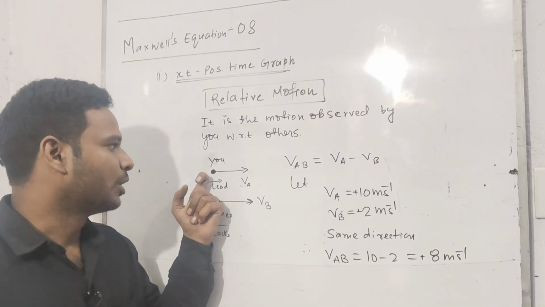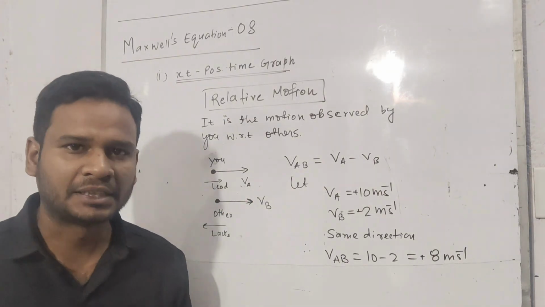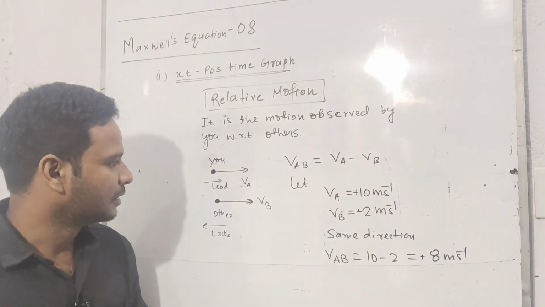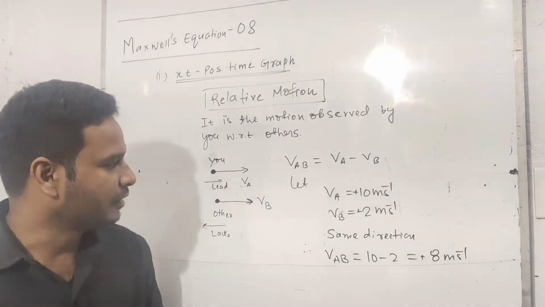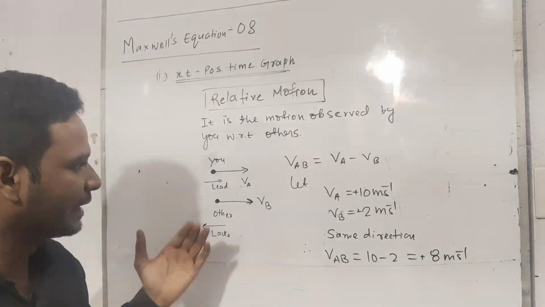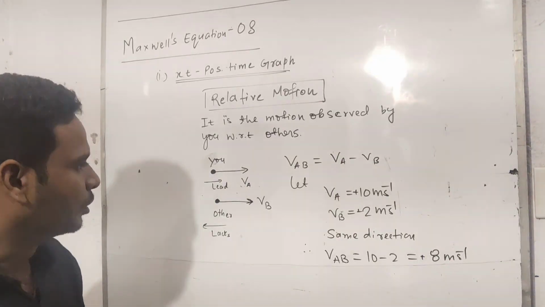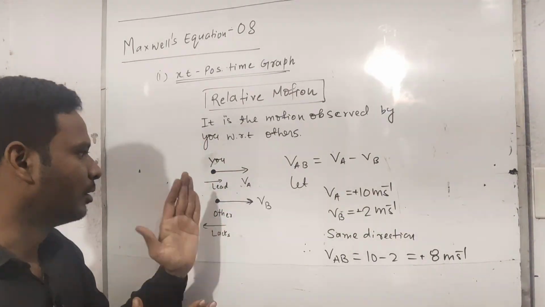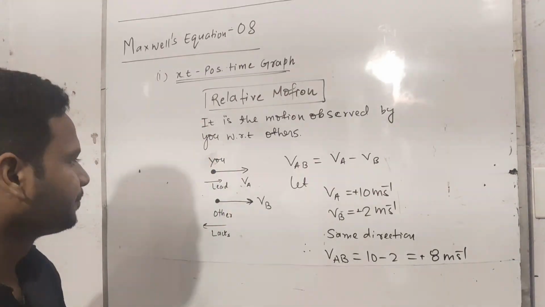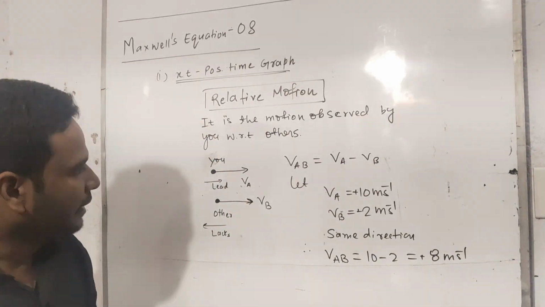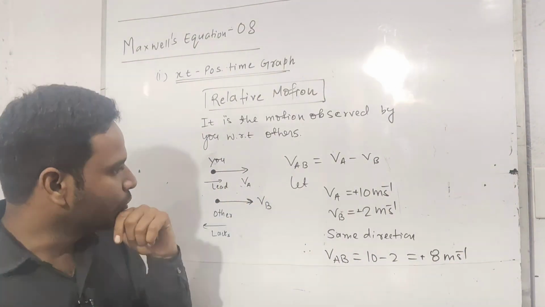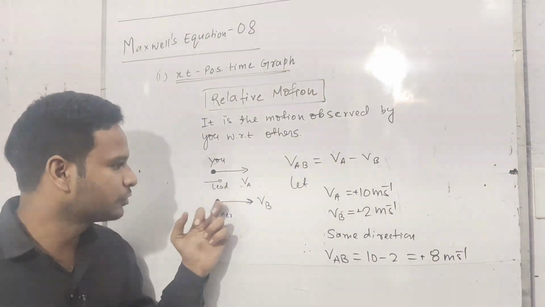Suppose you are moving with some velocity VA, and another object is moving with velocity VB in the same direction, and at some moment of time you are at this line. How will you observe the motion of B?